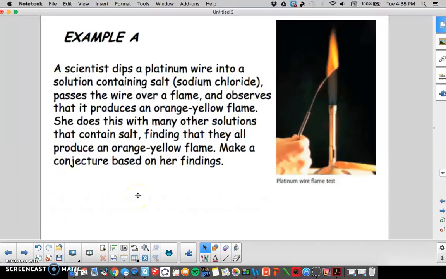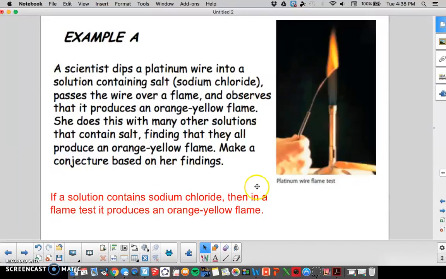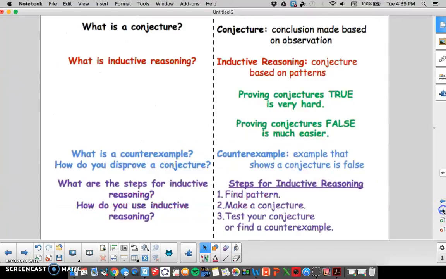Our conjecture is, well, if the solution contains salt or sodium chloride, then in a flame test it produces an orange-yellow flame. Because we've repeated that finding over and over, we can assume that that might be true. Now again, we haven't proven it, we've assumed it based on observations using inductive reasoning.